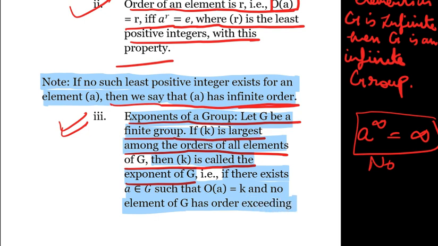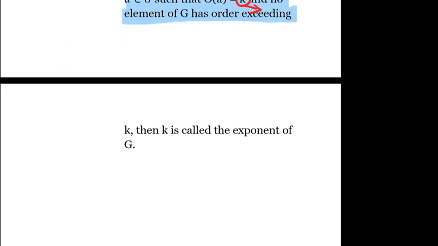That means no element of G will exceed k. And k is then called the exponent of G.